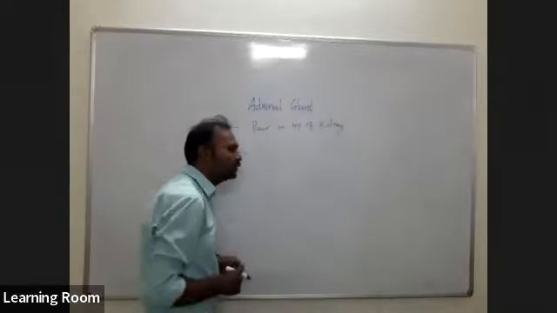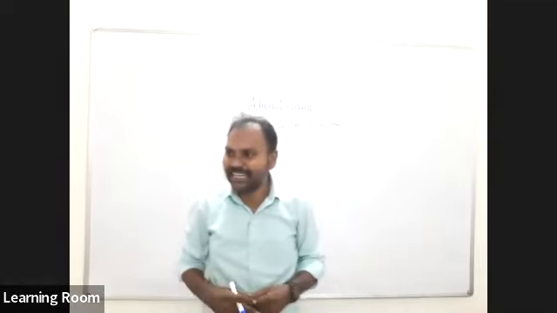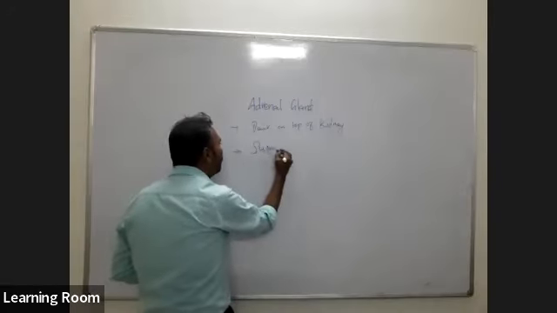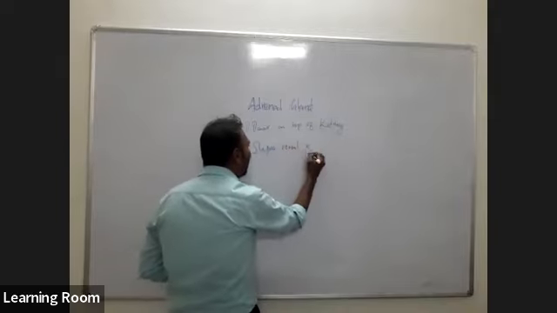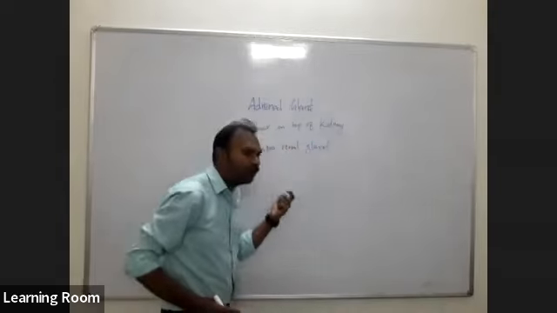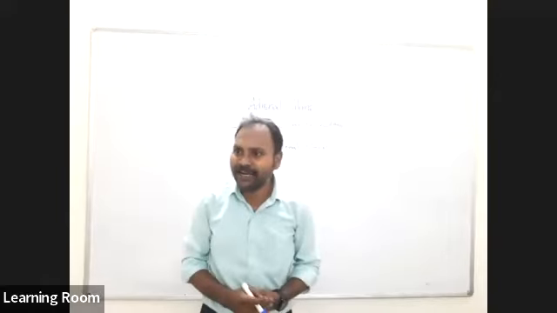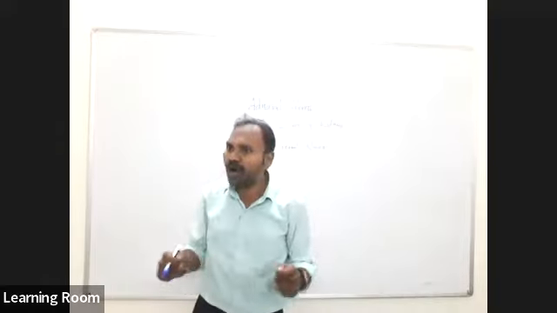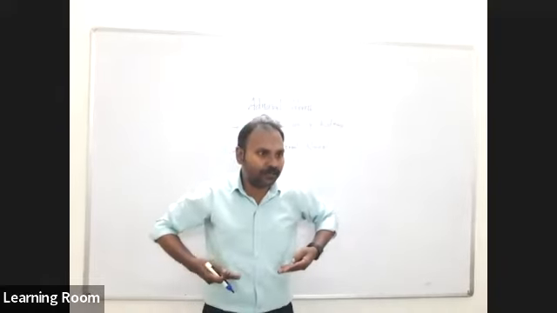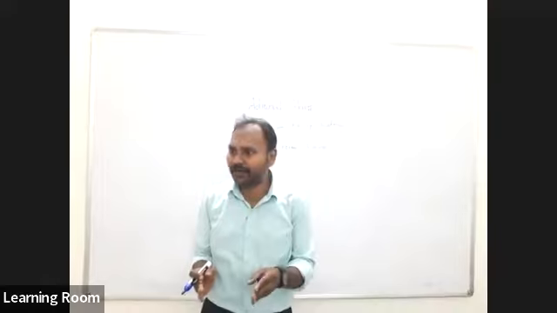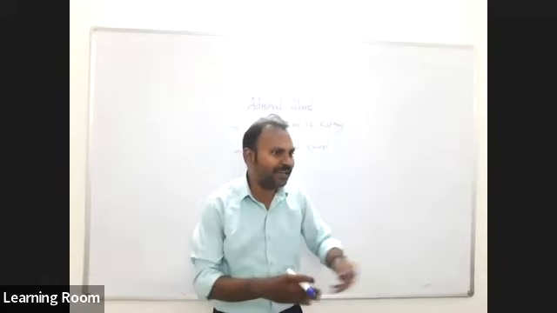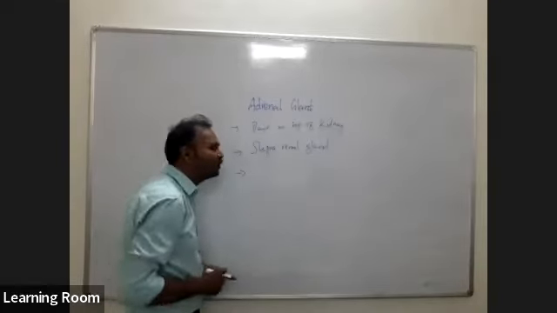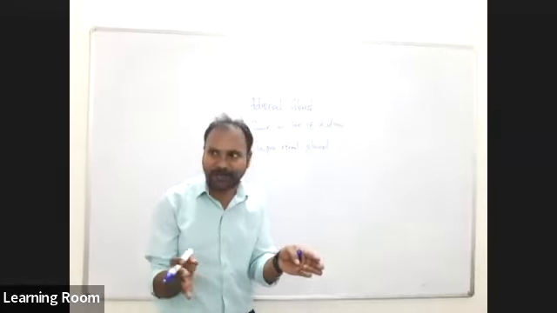Since it is present on top of the kidney, it is called what? Suprarenal gland, meaning superior, on top of the kidney. Hence, it is called the suprarenal gland. This adrenal gland consists of two important parts.